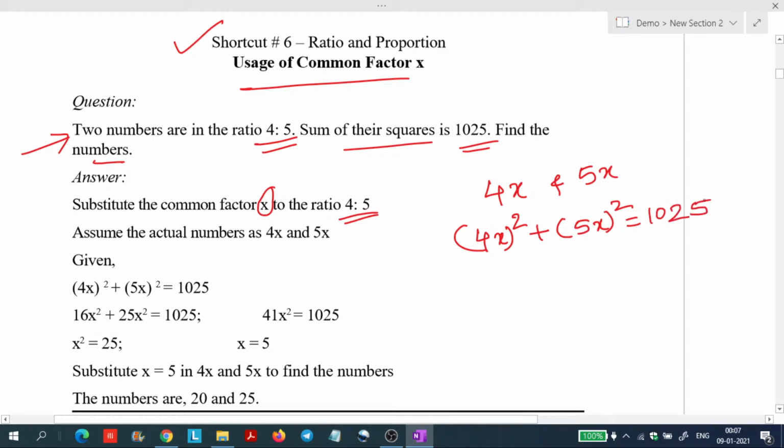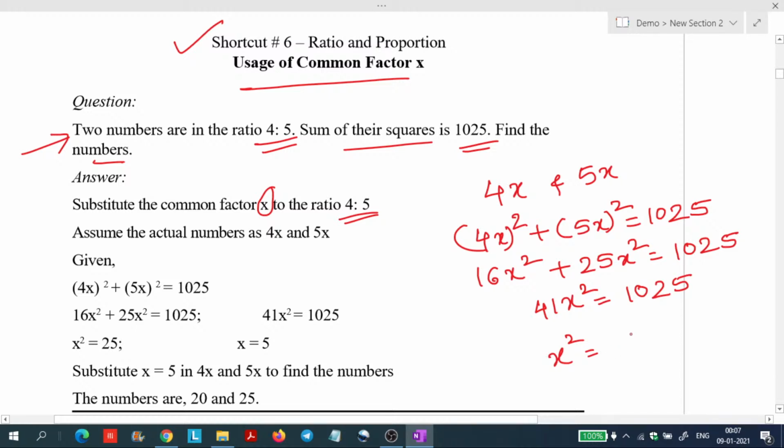So here 16x squared plus 25x squared, that is 1025, right? So 41x squared equals 1025. So here x squared equals 25, and we know x value is 5.